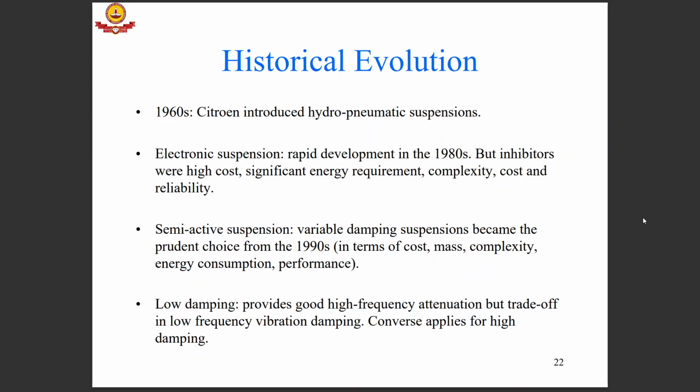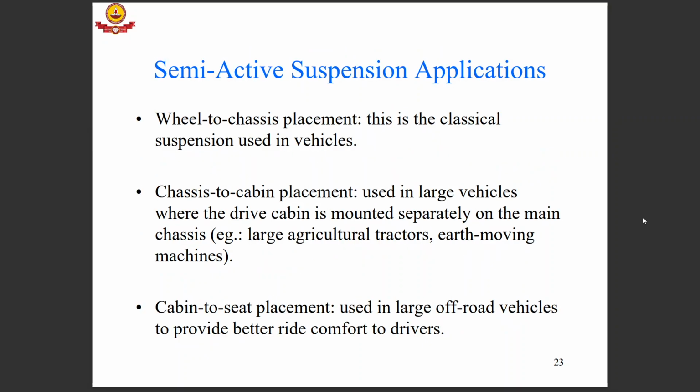So let's not get into historical developments. Let us see where semi-active suspensions can be applied. First is the classical case where suspension is used from wheels to chassis placement. Then there is chassis to cabin placement. It can be used in large vehicles where the driver cabin is mounted separately onto the main chassis.